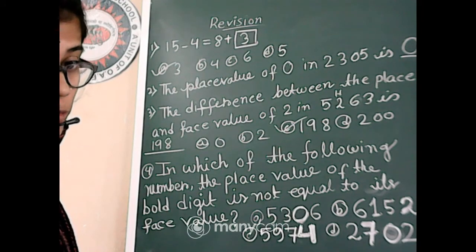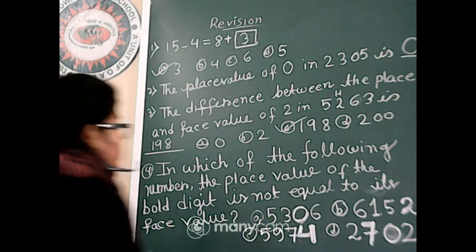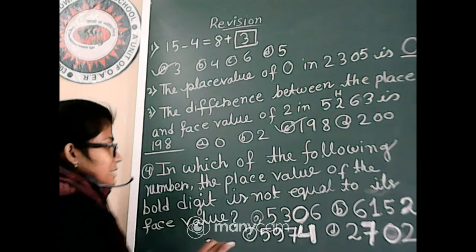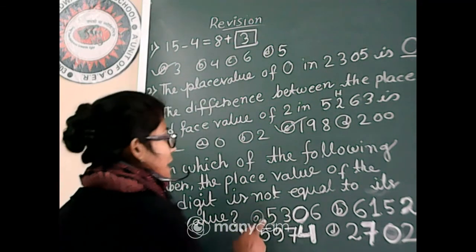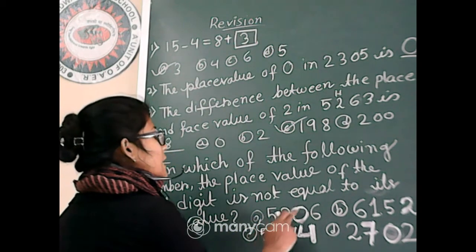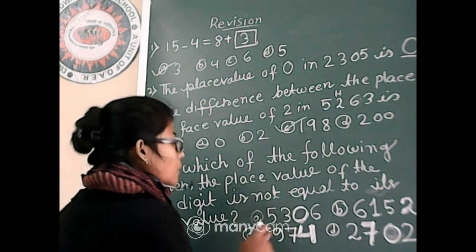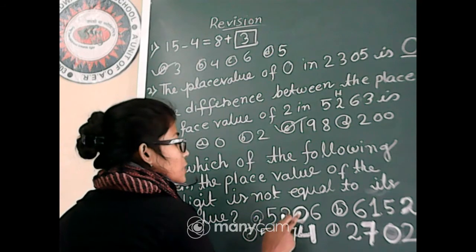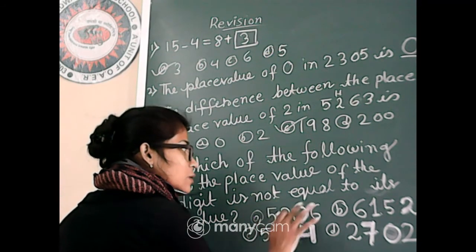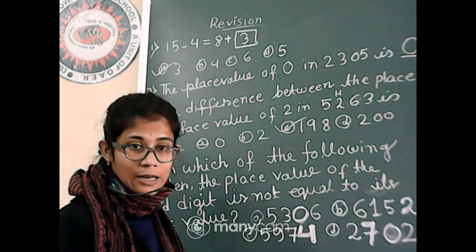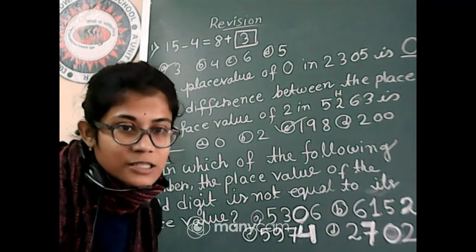Now see option A, students, 5306. Now 0 is bold here. What is the place value of 0 here? 0, and the face value is also 0. So they become equal. They are saying not equal. So option A will not be the answer.